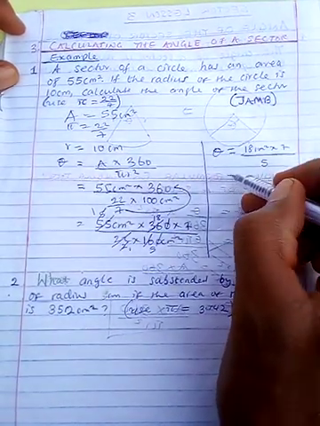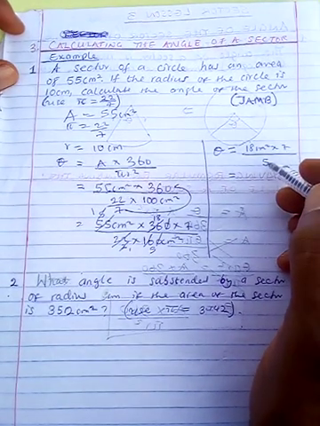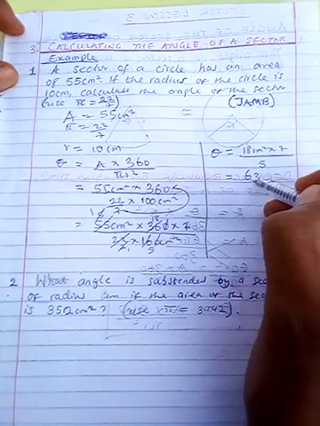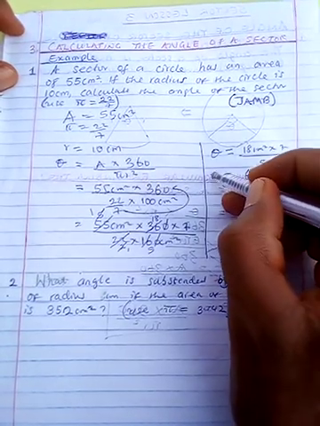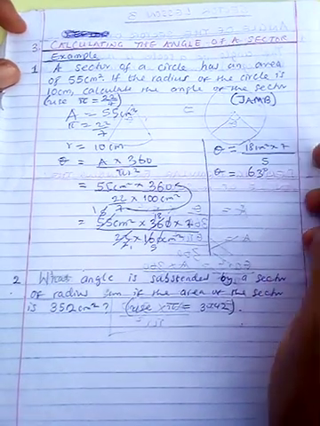So by the time we solve this, if you multiply this by this and you divide it by this 5, we are finally going to arrive at 63 degrees. So the angle of that sector is 63 degrees.